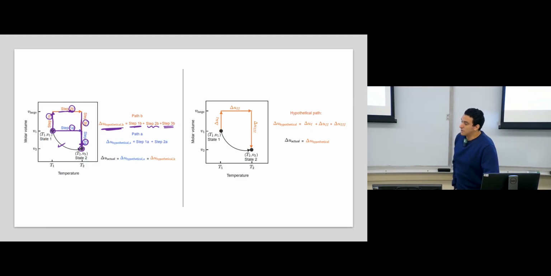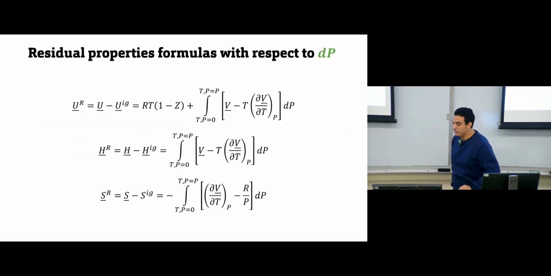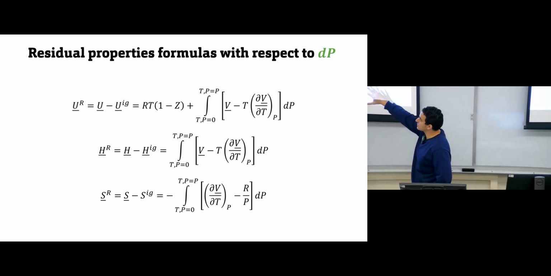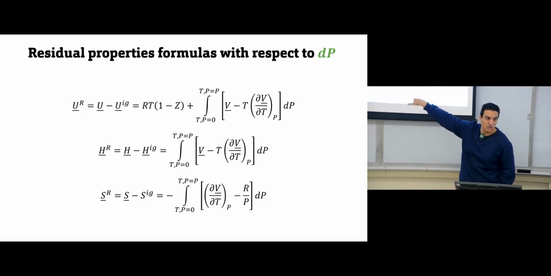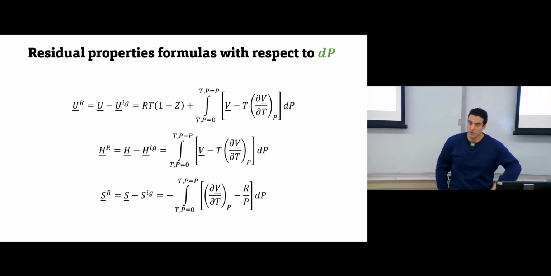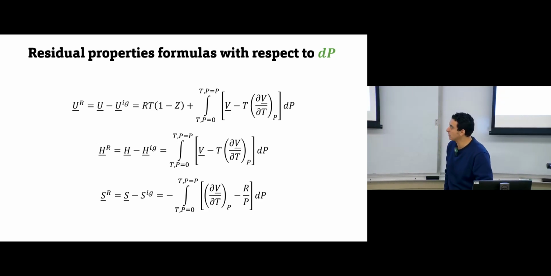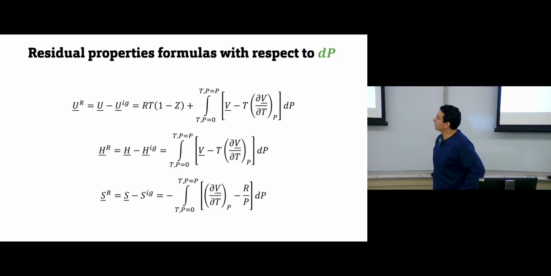Residual properties can be calculated, as we said, for internal energy, enthalpy, and entropy, and we have many equations we can use. In the textbook, there is a derivation for this, so if you're interested to see where these equations come from, you can check the textbook for the full derivation.